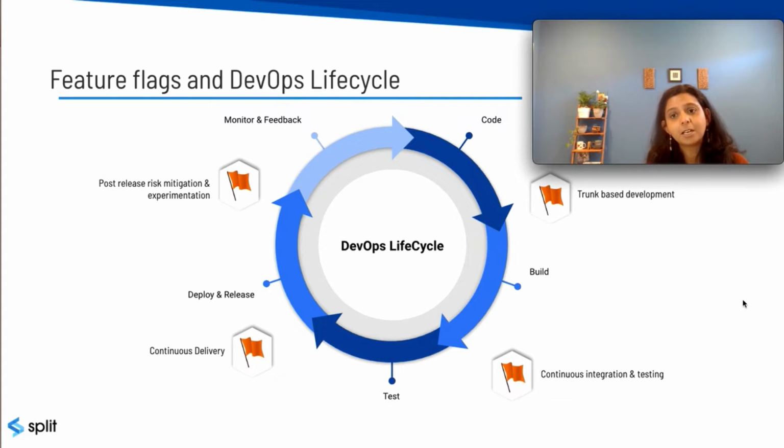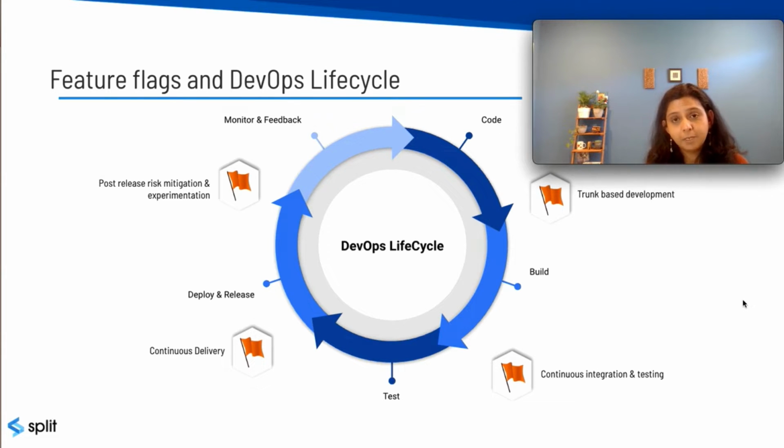Let us take a look at how feature flags help streamline the DevOps process. Here we have the typical stages of the DevOps lifecycle. At the dev stage, feature flags enable trunk-based development. With trunk-based development, we can make code changes to a single core branch without the need for long-living feature branches.